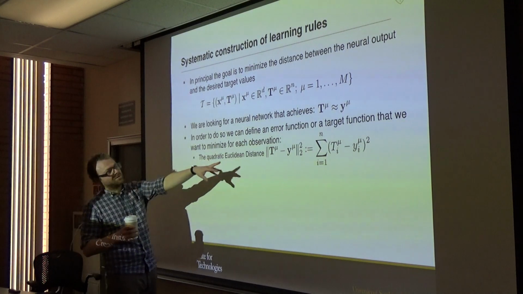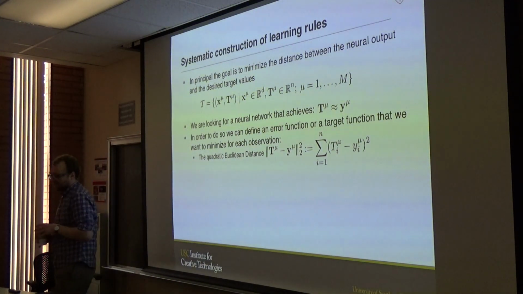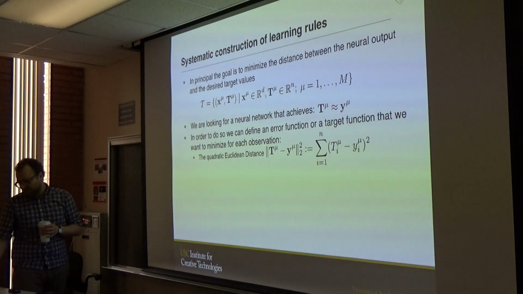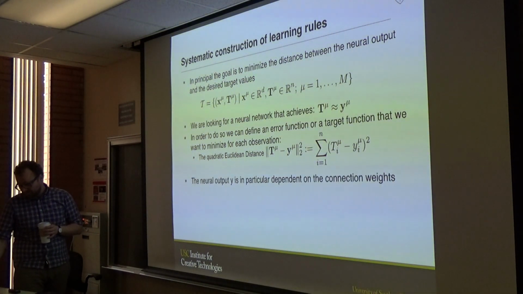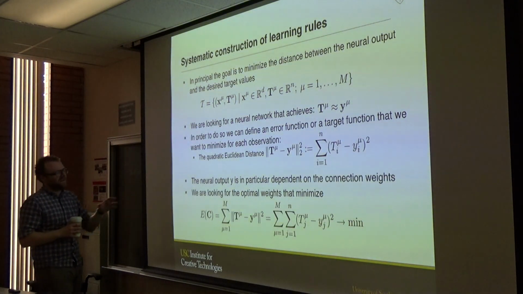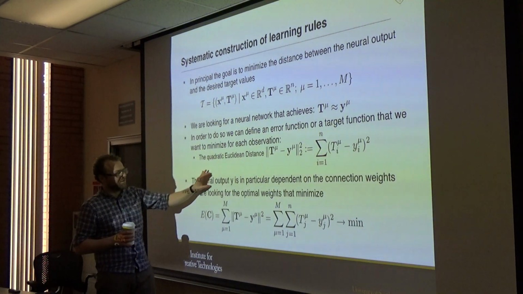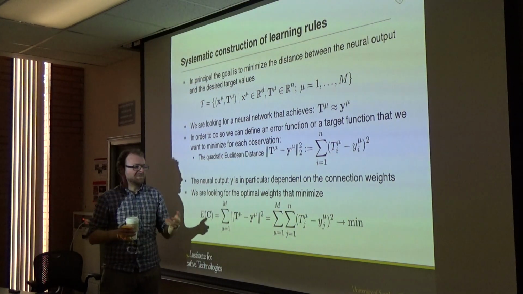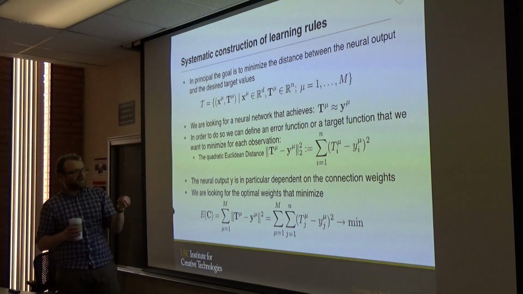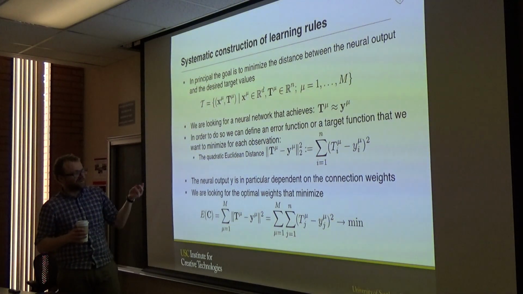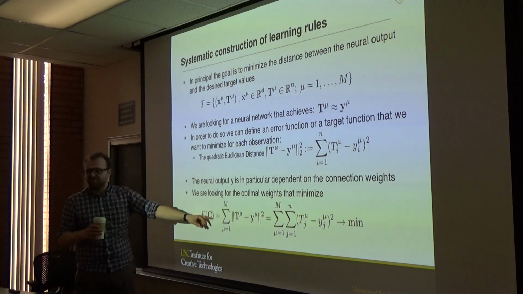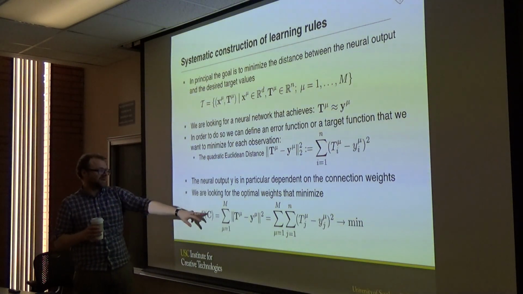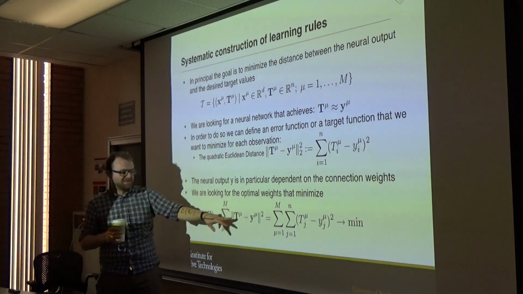We can again do the cross entropy if you want to, but basically you define your own error function, and then we want to minimize the error, and we know that the neural output y here is dependent on all of the vectors and all of the connections in our neural network. So what we want to do is find the connection matrix, all the weights summed together in this big C matrix, that minimizes this function, okay?